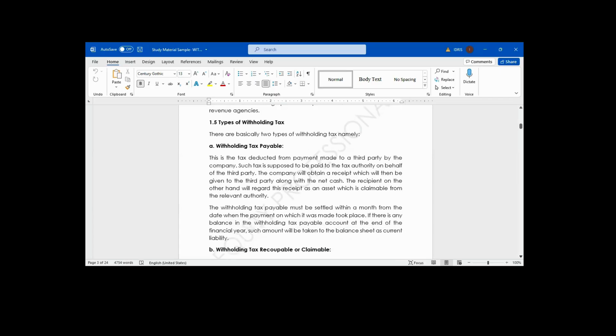So what are the types of withholding tax we have? We have withholding tax payable. That means the withholding tax you pay on some of the transactions, some of the payments, some of the invoices that you deduct withholding tax on.